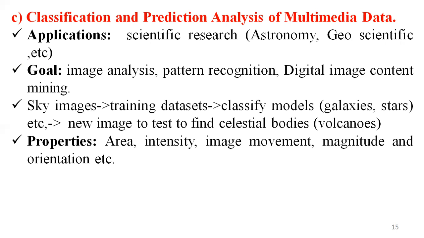These are some of the images. From the images, training data sets. That means classify the model. Here, this may be a star model, a galaxy model, a snowflake model. You are not using the snowflake model here. Star. What is the star schema?